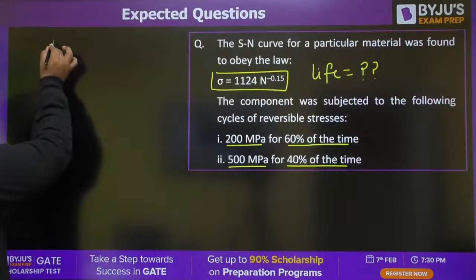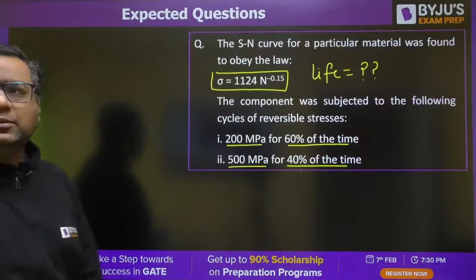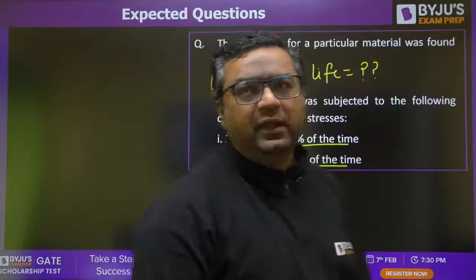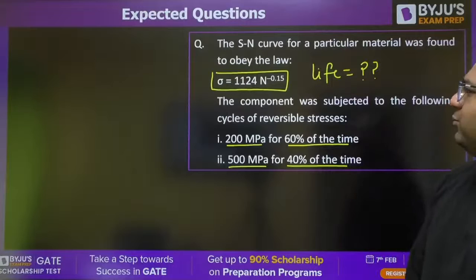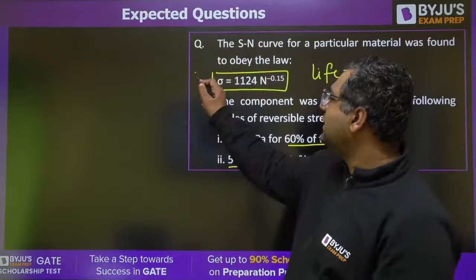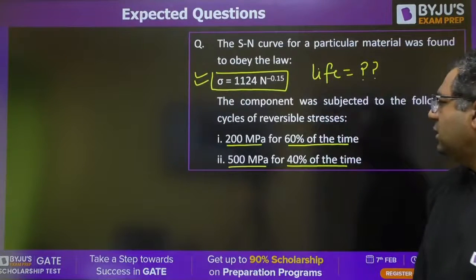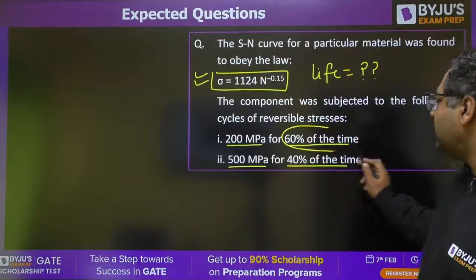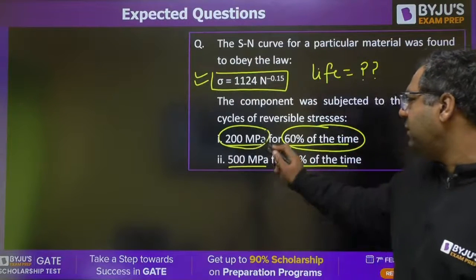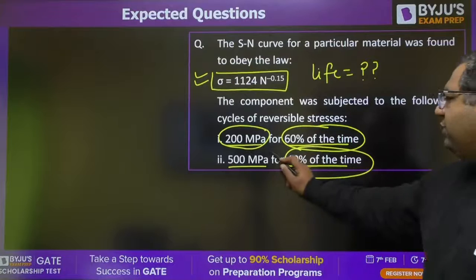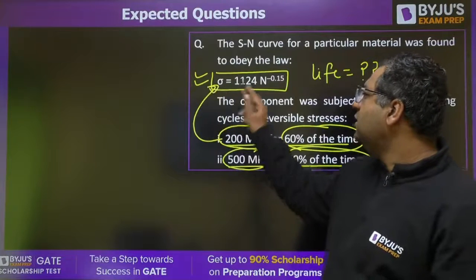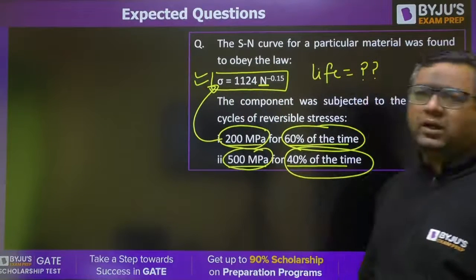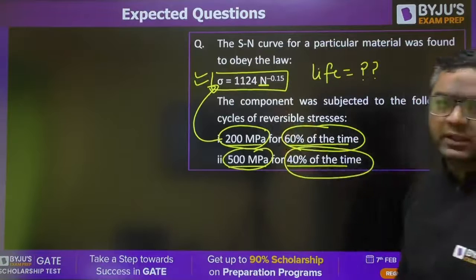I feel you know what Miner's rule is: cumulative fatigue failure. As Utkarsh is saying, do not write the formula. I am not writing it, but this is given to you. They are saying 60% of the time we have 200 MPa, 40% of the time we have 500 MPa. When you put the stress values there, you can get the life from there.